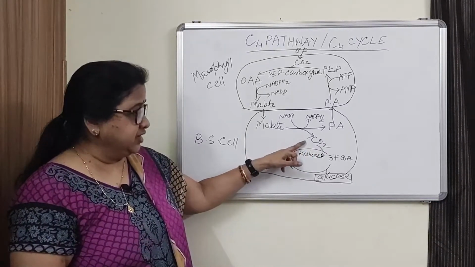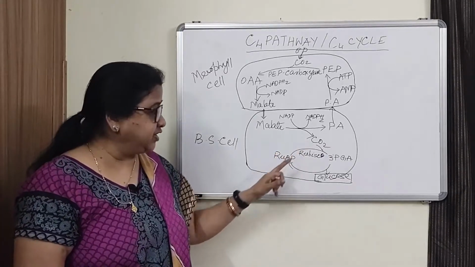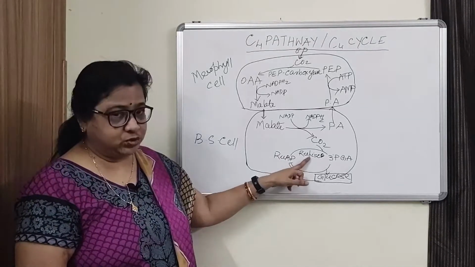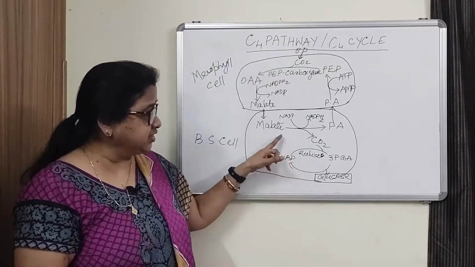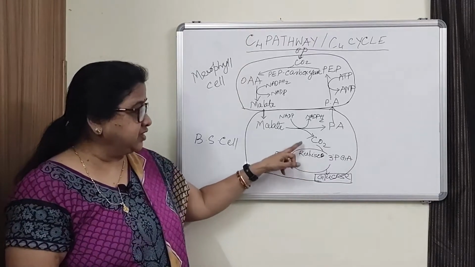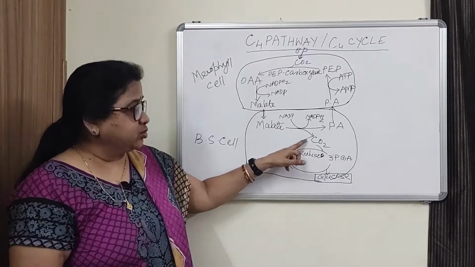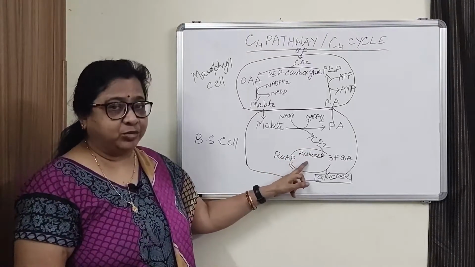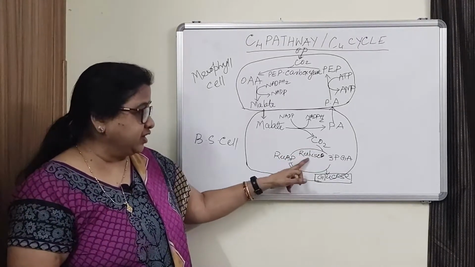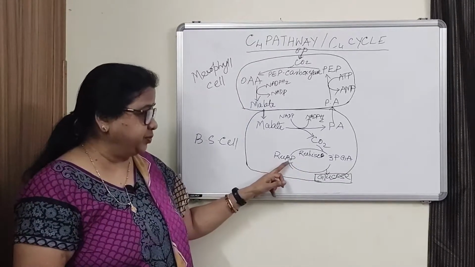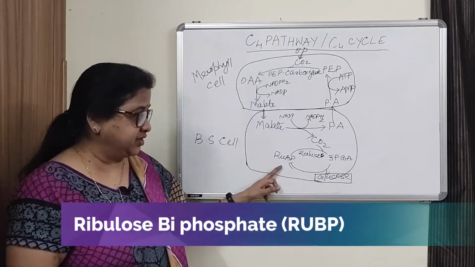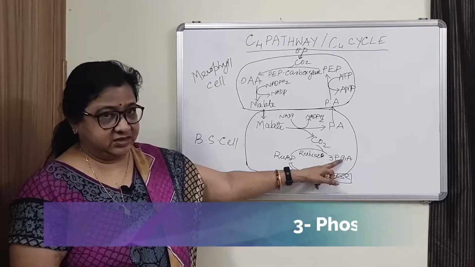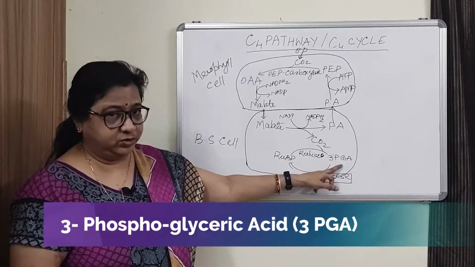This carbon dioxide is then accepted by RuBP through the enzyme Rubisco, because Rubisco is present in the bundle sheath cells, and here, due to accumulation of carbon dioxide, it acts as carboxylase. So it carries out carboxylation of RuBP, that is ribulose bisphosphate, to form 3-phosphoglyceric acid, a C3 compound.